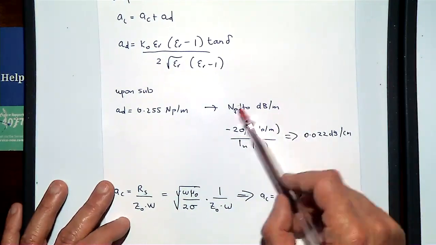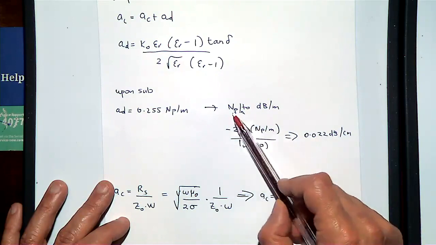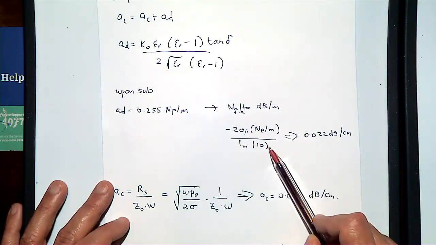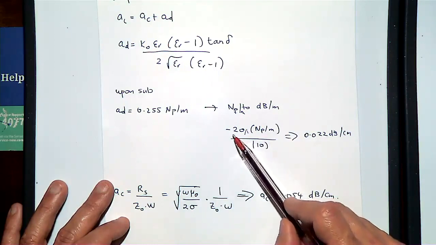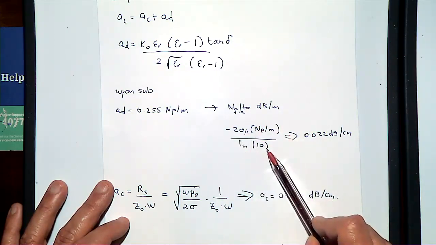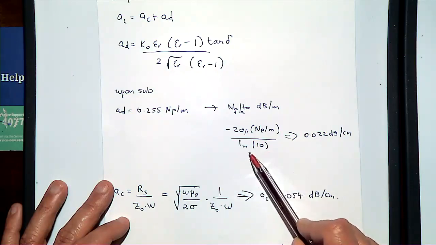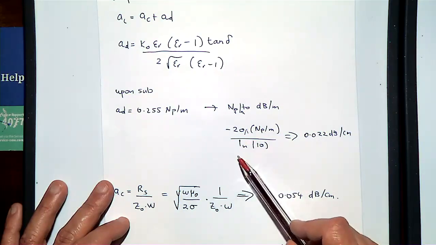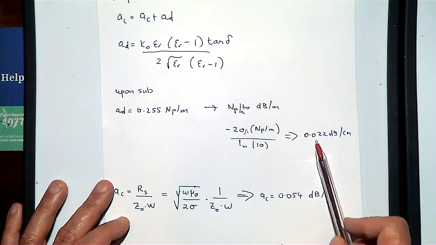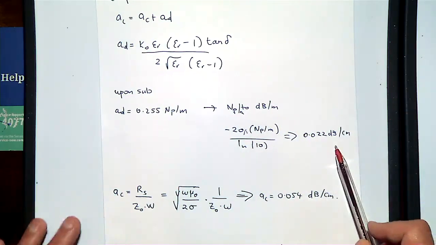Here I'm showing you how to convert from nepers per metre to dB per metre, which is a very simple formula: essentially 20 times the loss in nepers per metre, divided by the natural log of 10, which converts from log base e to log base 10. It turns out to be 0.22 dB per centimetre.